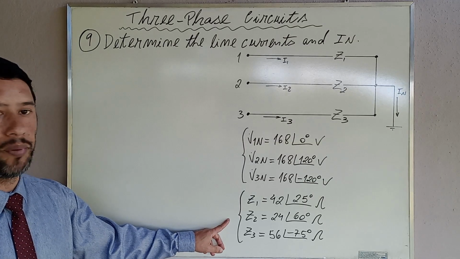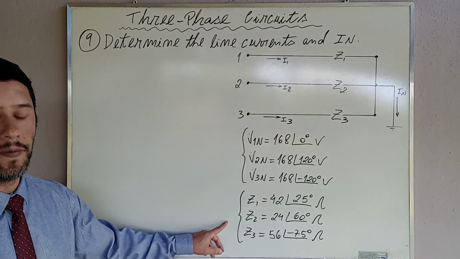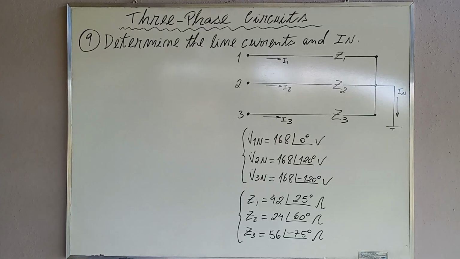These are the impedances of the load. Assume that the system is solidly grounded. Determine the line currents I1, I2, and I3, and the current flowing through the neutral conductor IN. This is the question. Let's go to the solution.